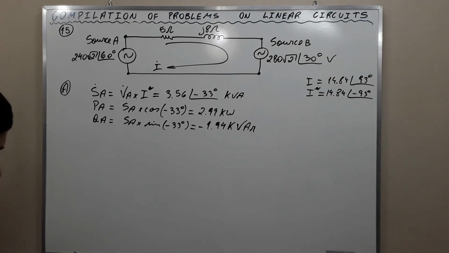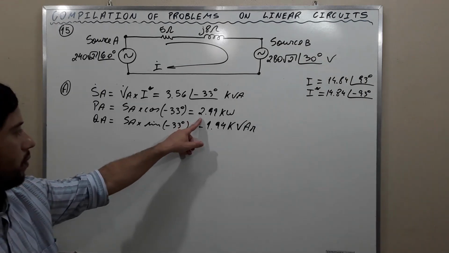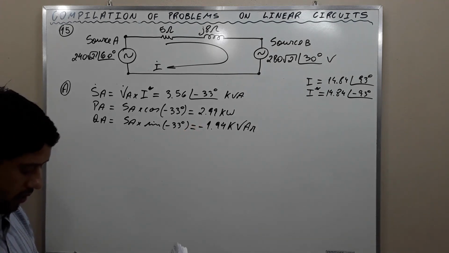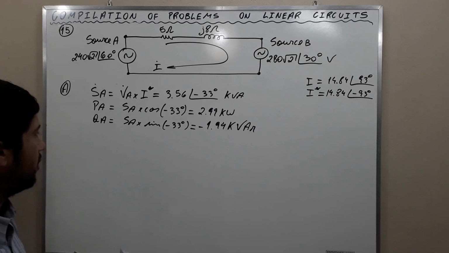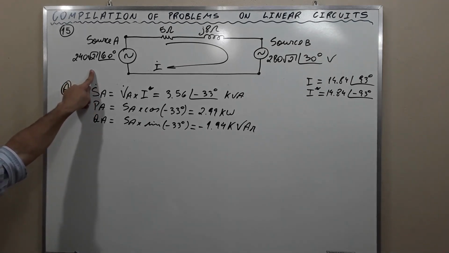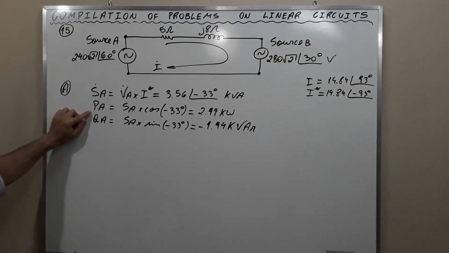And what can we say about this? As PA is 2.99 kilowatts, it means that source A is supplying real power. Okay? We conclude that source A is supplying real power.